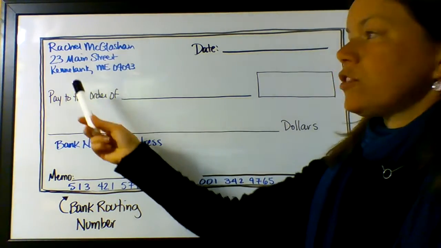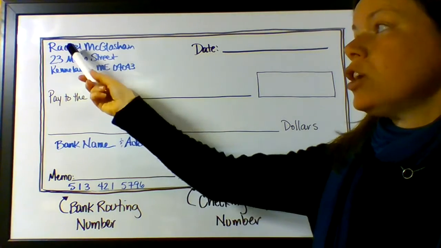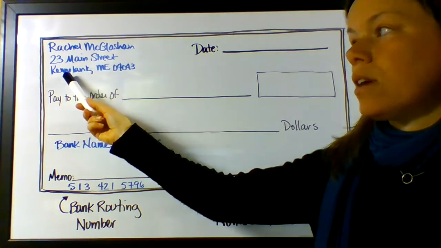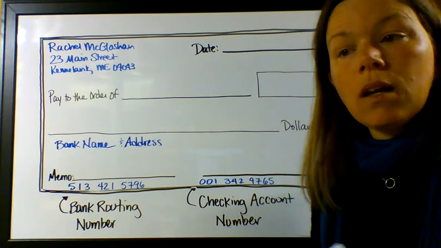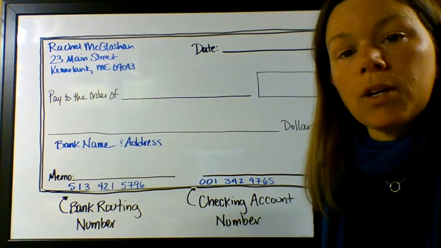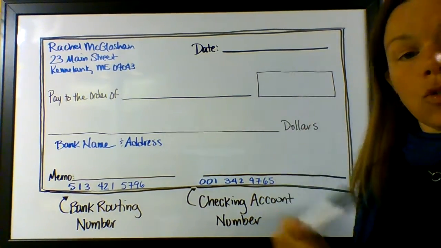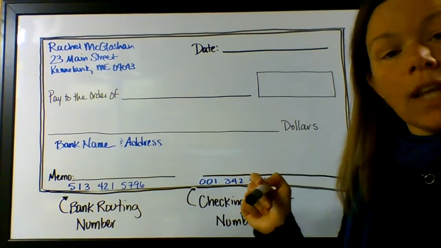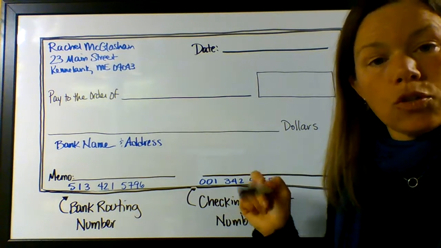So the first thing that you'll see on a blank check is whoever has the checking account. You'll see their name and their address and generally their phone number. My phone number appears on mine. Perhaps now some people's email addresses. So full contact information appears on your check. Okay. Also at the top you have the date. I usually write out the full date. So today I would write April 27th, 2020.